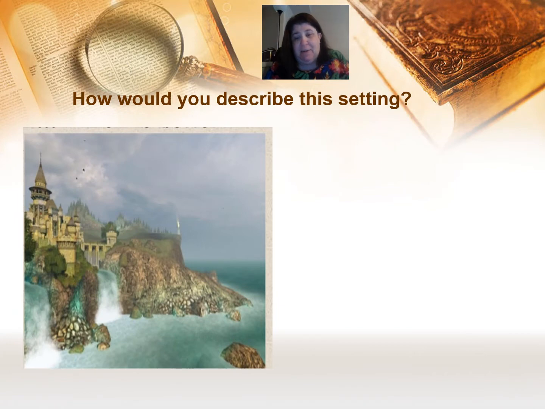So let's look at this picture. I just found this in a book that was talking about setting, and so I thought we'll just see what we have to think about this story. In the story, a teacher asked the students to describe this, and they said, oh, it's a house on a hill, or, oh, is it a castle?